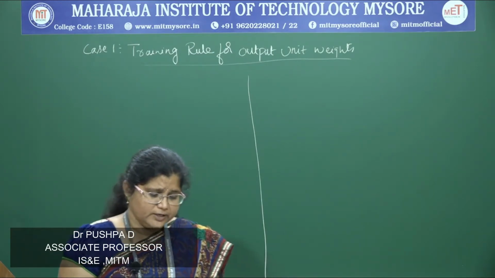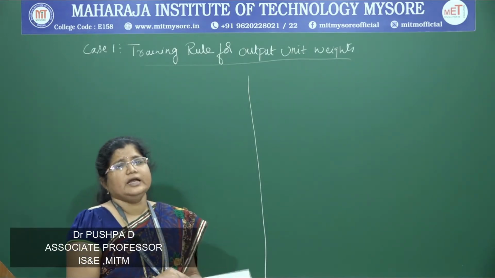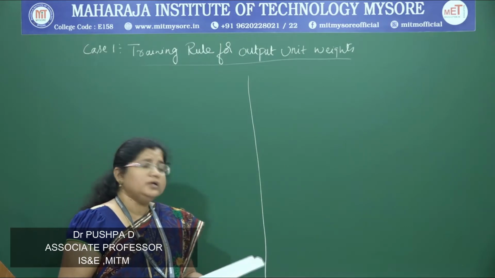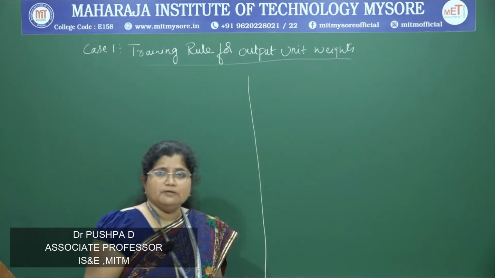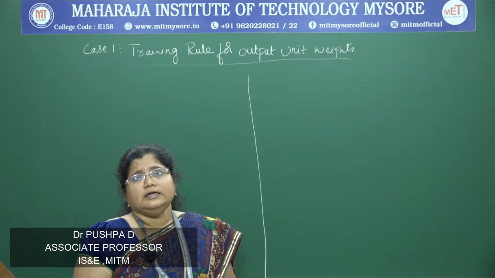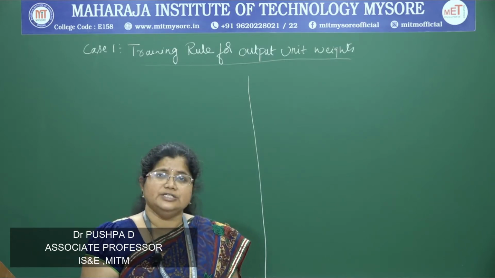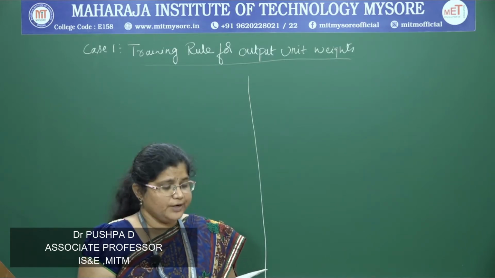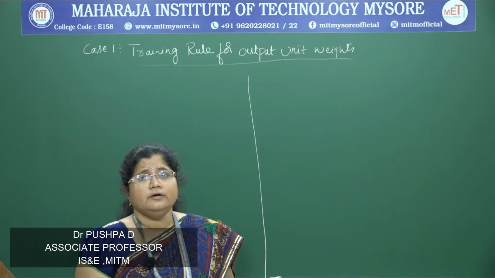By applying the chain rule, we can write the equation. In a previous class we also saw the equation del Ed by del net j into x ij, which provides the error.